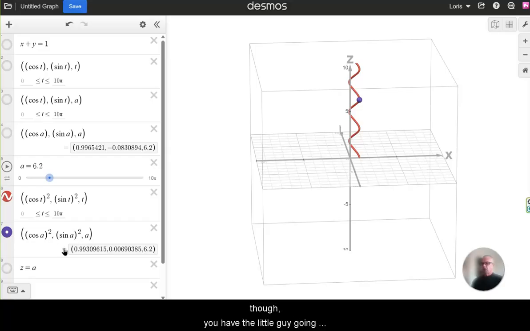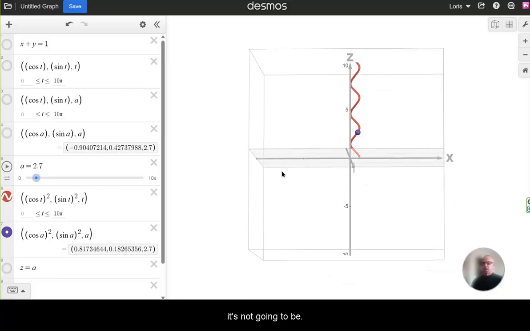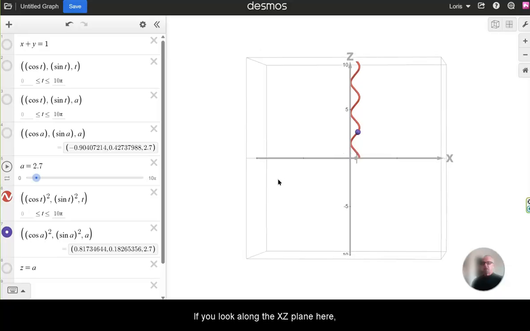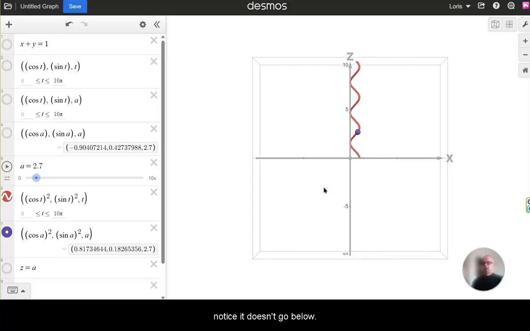Now whenever I change A though, you have the little guy going up and down it. Since these are both squared, if you look along the xz plane here, notice it doesn't go on the other side because x isn't negative, because it's cosine squared, so it's always positive. All right, and then as we change A, it goes like this.